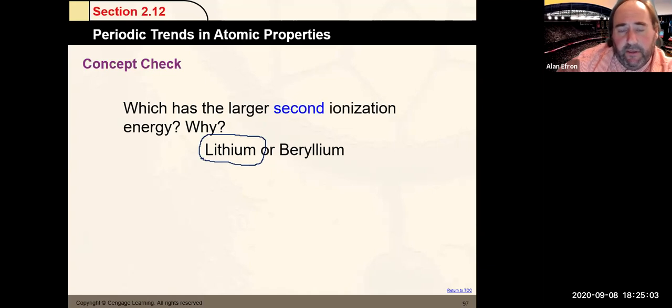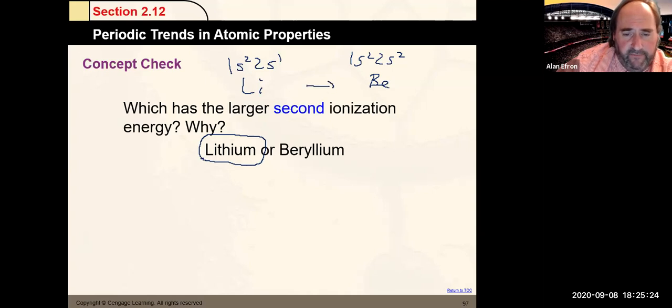And we could just really look at the electron configuration of each of these to sort of answer that. We have 1s2, 2s1, which is lithium, and beryllium, which is right next door at number 4, would be 1s2, 2s2, which is beryllium. Now, when lithium loses its first electron, and they both lose the first electron, that is our first ionization energy for that first electron to come off.